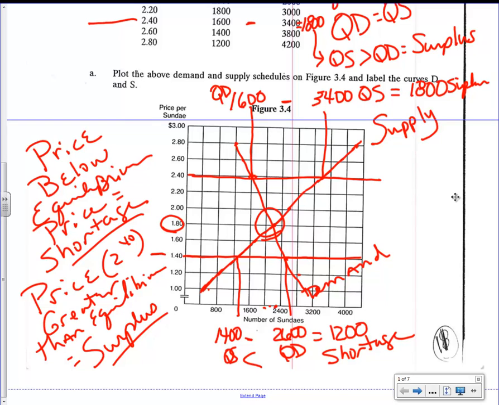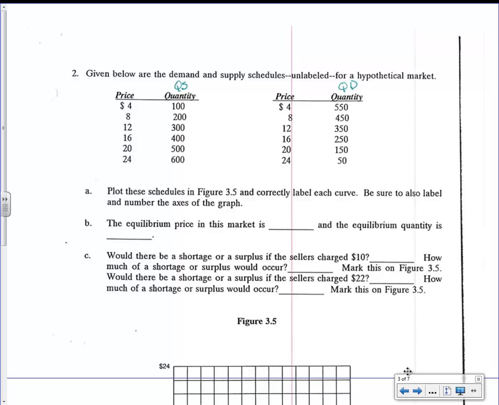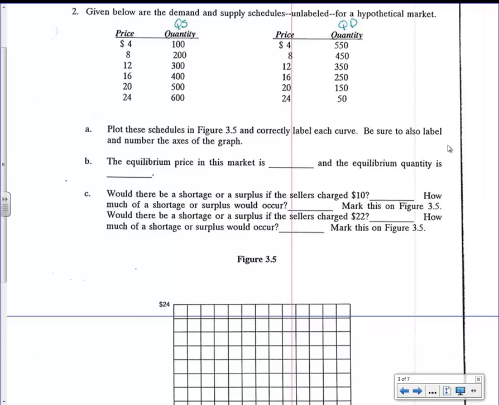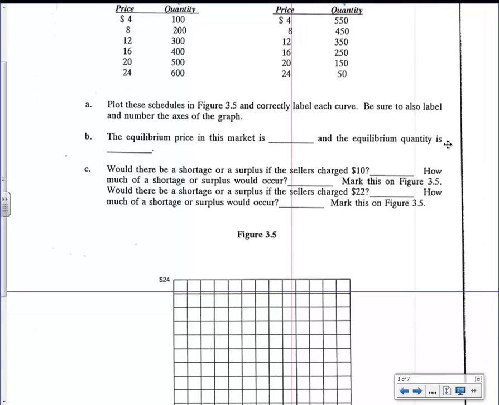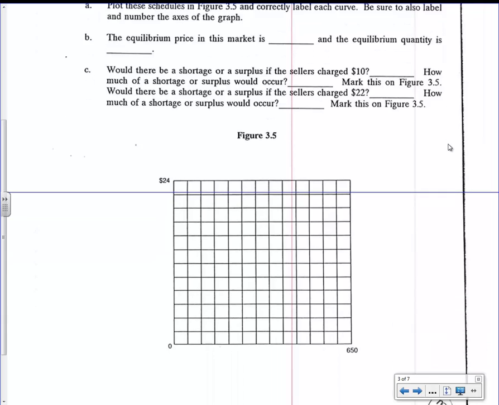Let's go on to the following page and try this again. Now we're given the quantity supplied and the quantity demanded, and we're asked to place these on the graph. So once again, we come down to the graph.